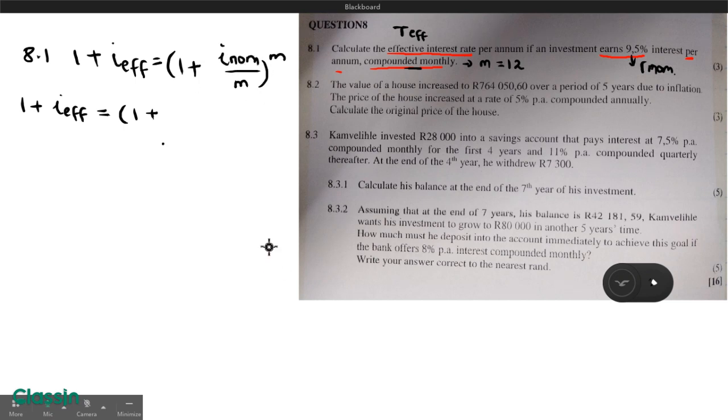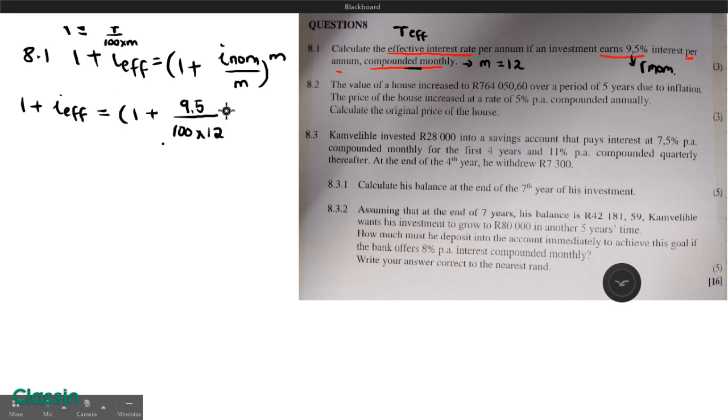Now, we also need to take note that I is equal to R over 100 multiplied by M. This is the value of I. So now we are going to write 9.5, because it's a percentage, divided by 100 multiplied by M. How much is our M?